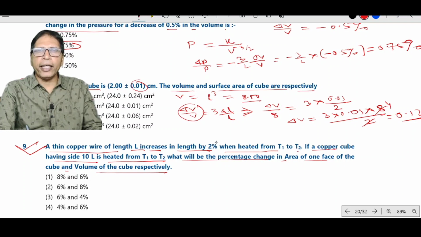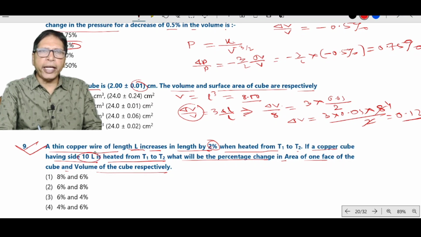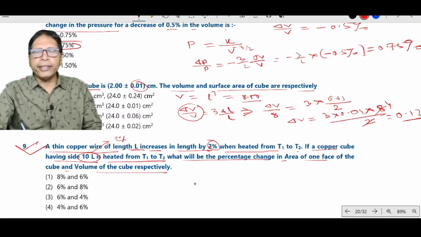Look at this, the increment of length in L is 2%. So increment of length for 10L is also 2%. Therefore, change of area, S is 10L whole square. So look at this, S equals 100L square.